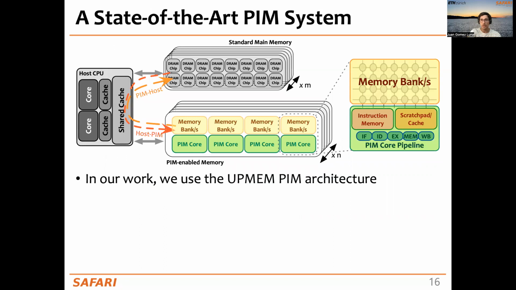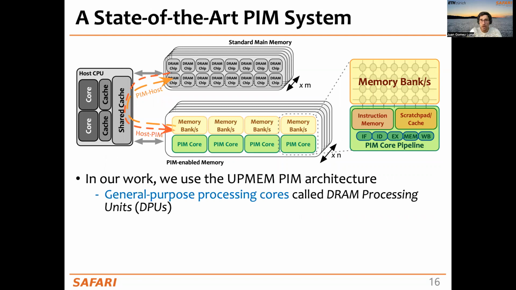In particular, in this work, we have used the UPMEM PIM architecture containing general purpose processing cores called DRAM processing units, or DPUs. In this talk, we will use interchangeably the term DPU or the term PIM core to refer to the cores near the memory banks.